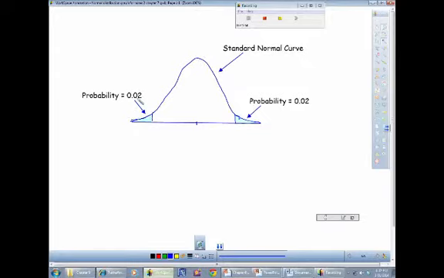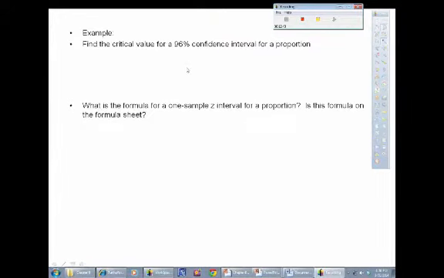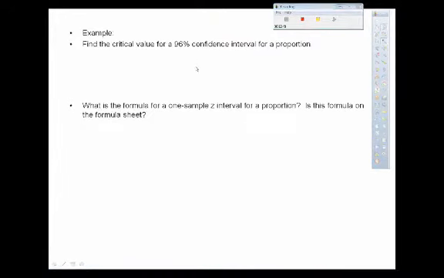So since that leaves us with 0.04, we divide that by 2 for the upper and lower areas. And so that's what we're using. We're going to find this area right here. Find the critical value. Let's go with that.